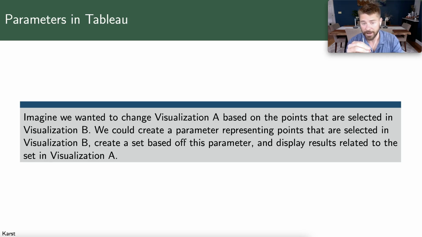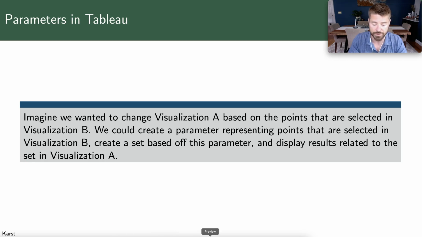So if I have visualization A, B, and C, each one of them can see the value of each parameter in the workbook. And using things like dashboard actions or parameter choosers, we can have users update the value of a parameter and have that influence multiple visualizations at once. In other words, parameters are the glue that hold multiple visualizations together and allow them to behave in more interesting and complex ways.